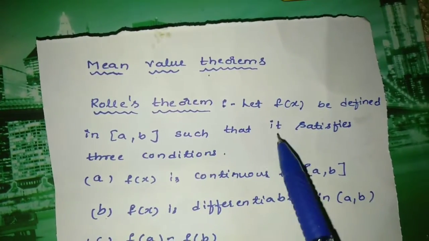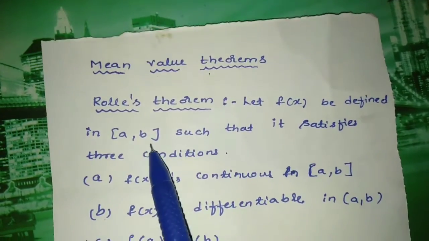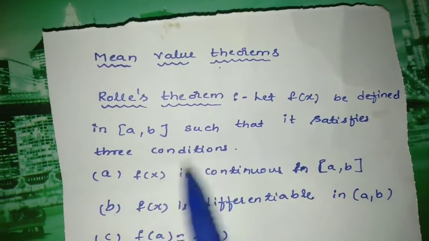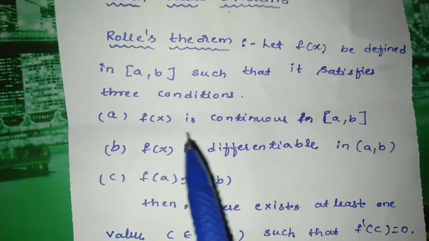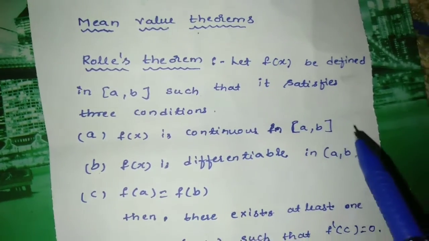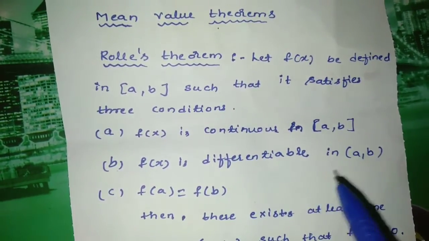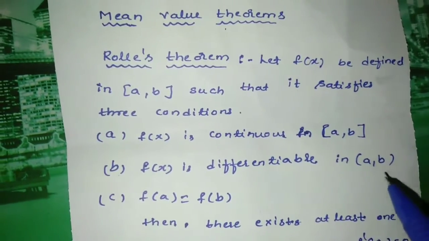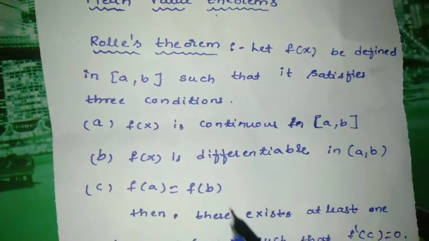Rolle's theorem: let f of x be defined in a closed interval a comma b such that it satisfies three conditions. First condition is f of x is continuous in closed interval a comma b, second condition is f of x is differentiable in open interval a comma b, and third condition is f of a is equal to f of b.